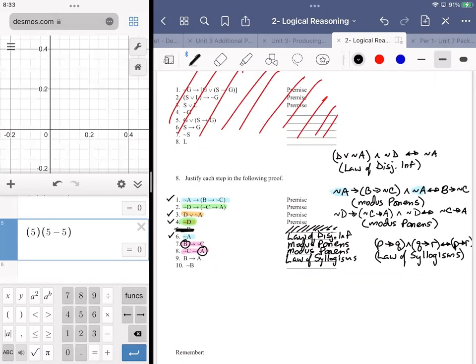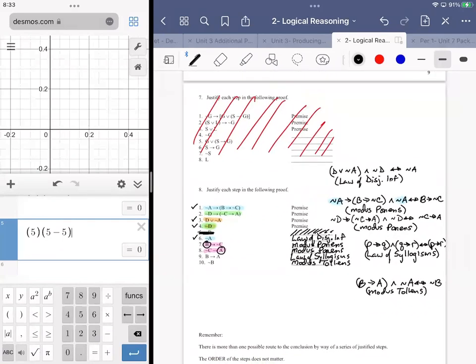So looking at B implies A and not A, that would result in a not B. And that's modus tollens. Yeah, so pretty funky stuff.